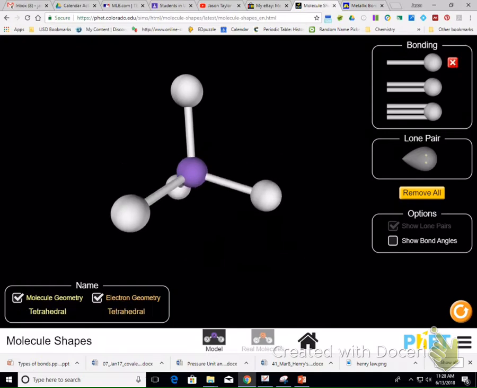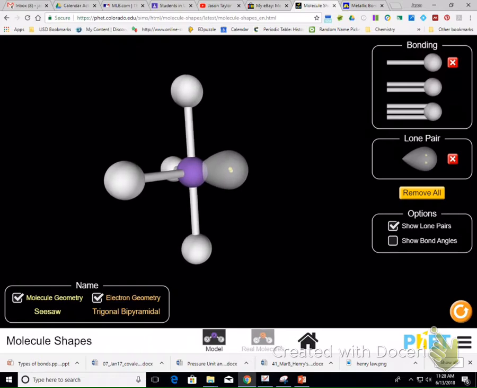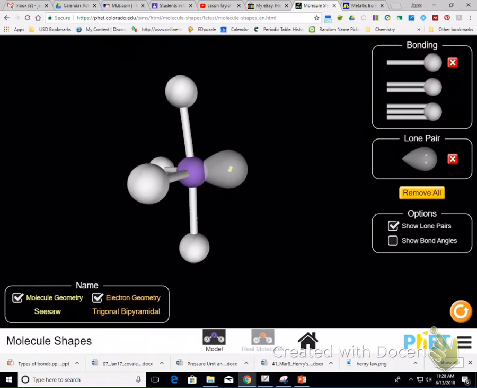If we replace, though, with a lone pair, let me point out that the lone pair went into the equatorial position. That's not arbitrary. That is where these things go. They go into the equatorial position because that allows the lone pair to be the farthest away from its neighbors.